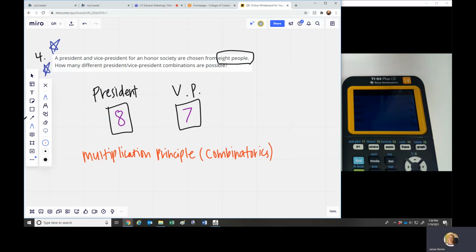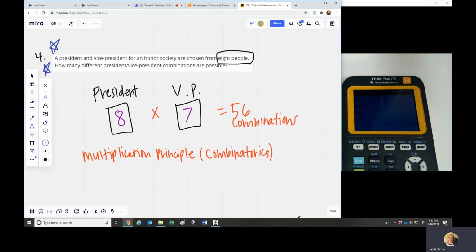That's an S on the end, combinatorics. So in the multiplication principle, it says that if you are counting up the different combinations, you just need to multiply these numbers. So 8 times 7 means there are 56 combinations total.